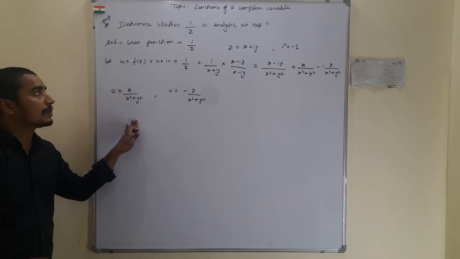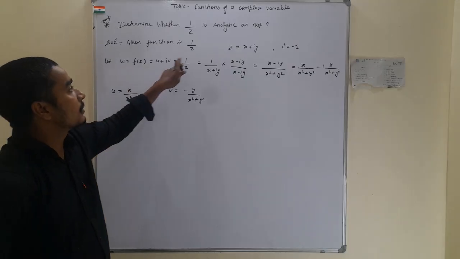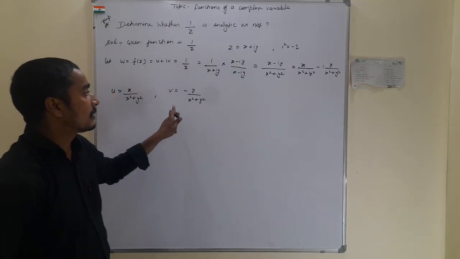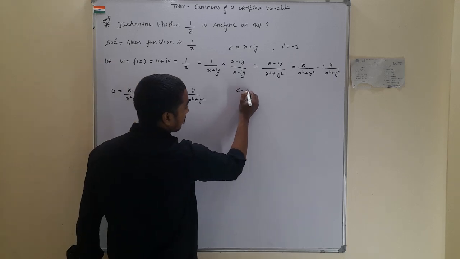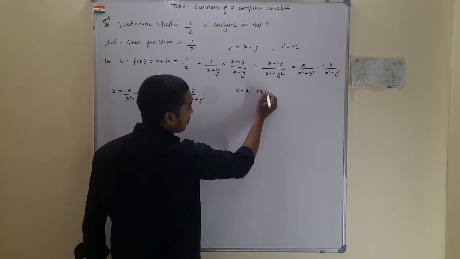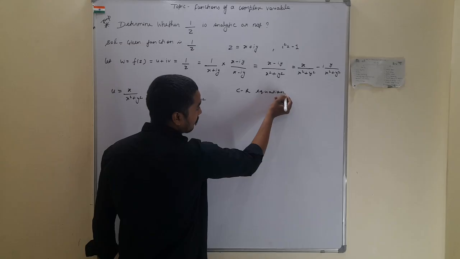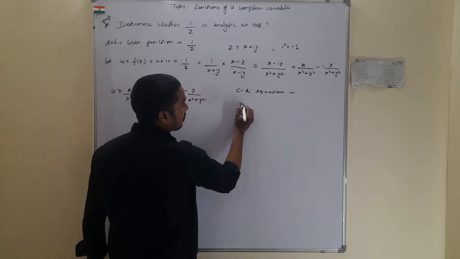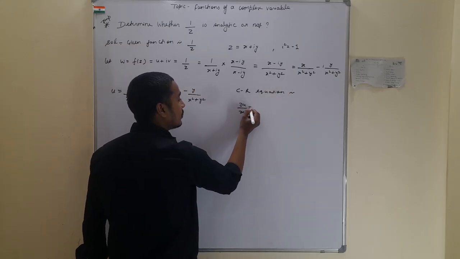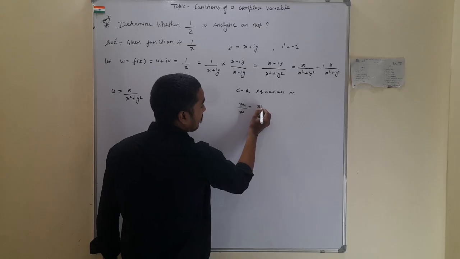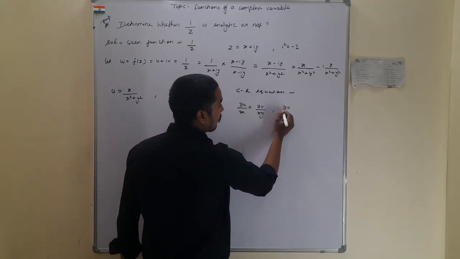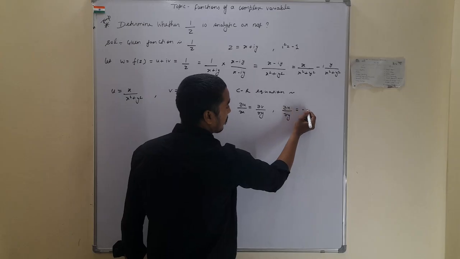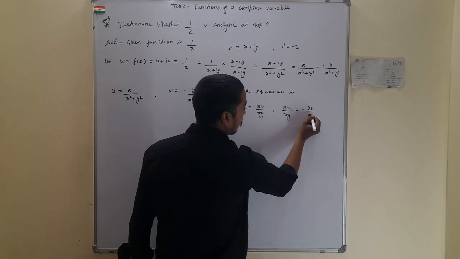In the following question, 1 upon z is an analytic function if the CR equation is satisfied. CR means Cauchy-Riemann equation. The CR equation is del u upon del x equal to del v upon del y, and del u upon del y equal to minus del v upon del x.